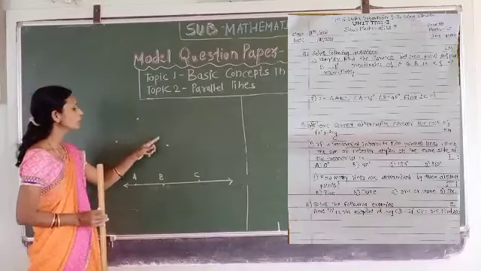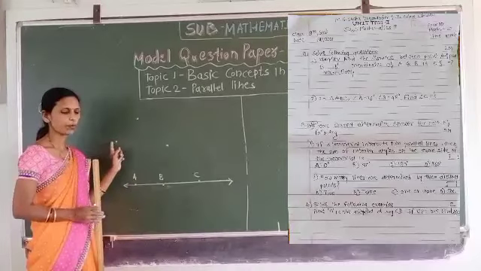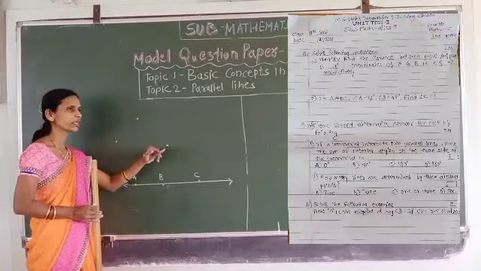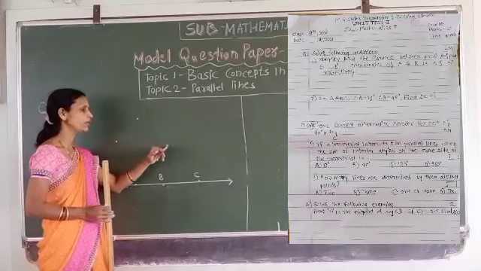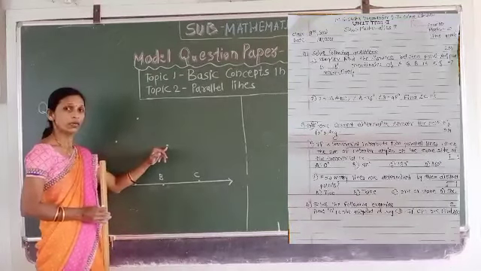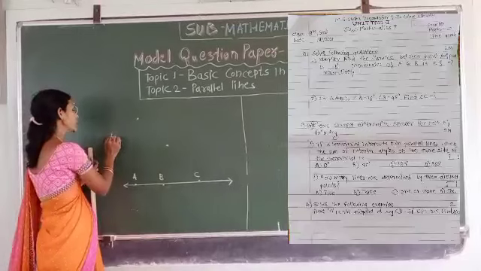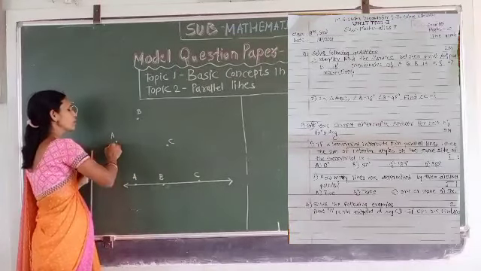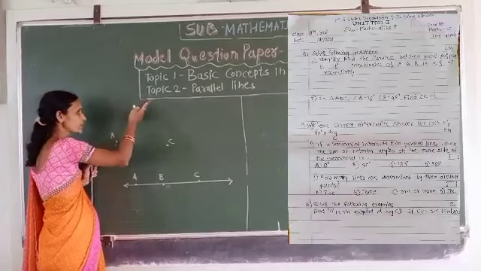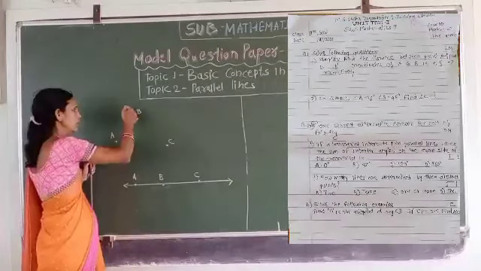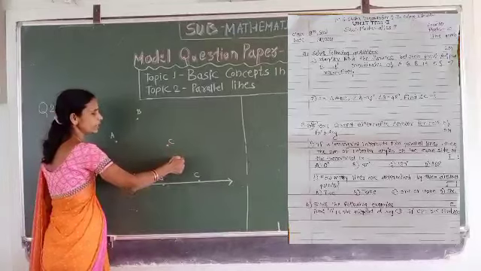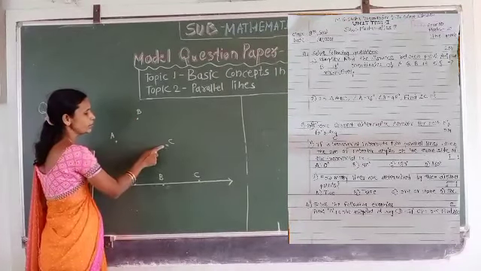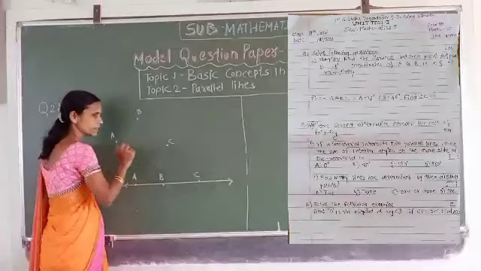We can't draw a line passing through those 3 non-collinear points, but we can draw line AB, which passes through only 2 points. We can draw a line passing through those 2 points, that is line BC as well as line AC.